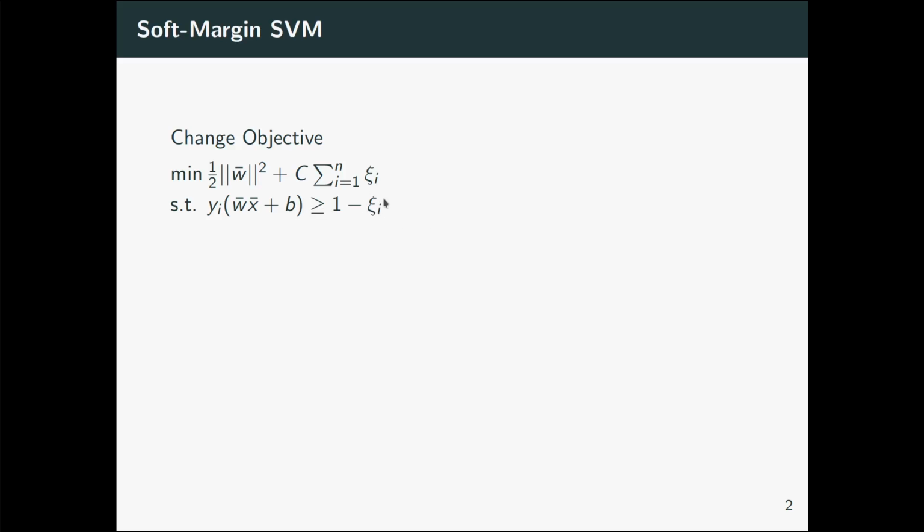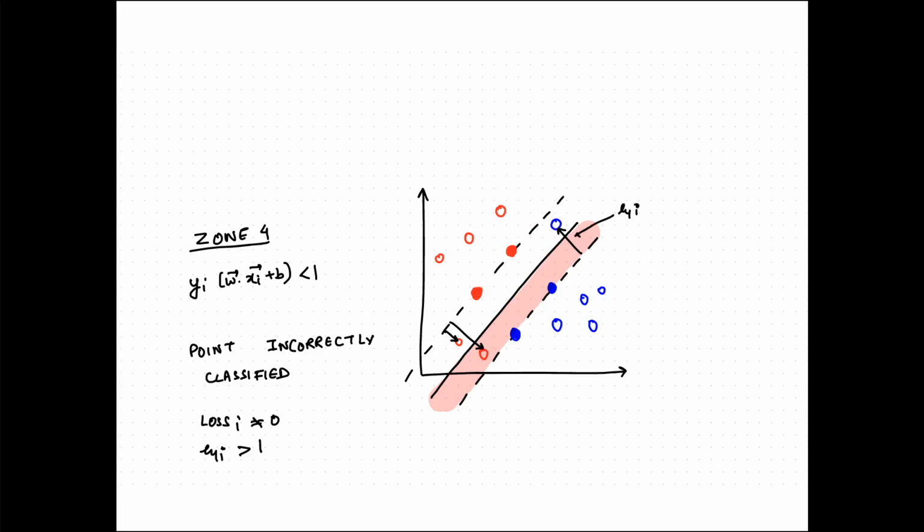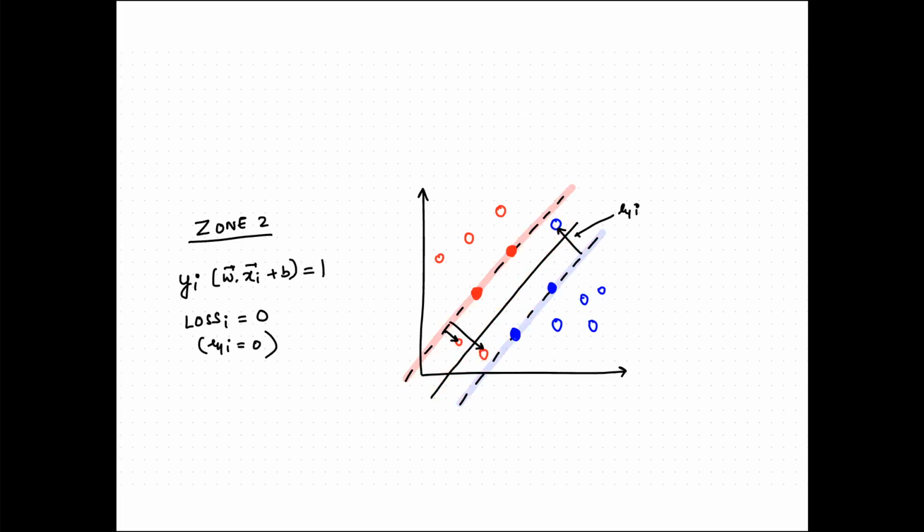And psi i is defined to be 0 because there is 0 distance on the wrong side of the margin for examples in zone 1. We go into zone 2. Again, in this case, yi times (w xi plus b) will be 1. Again, psi i of the points lying on the margin would be 0. And yi is 1, w xi plus b is 1.